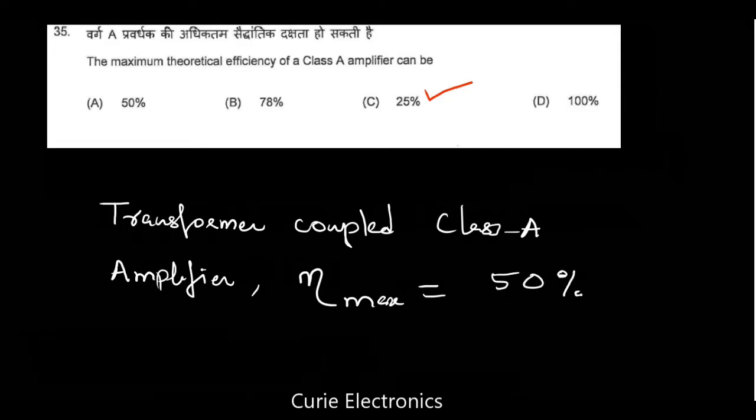If simply they ask what is the theoretical maximum efficiency of a class A amplifier, it is 25%. If it is transformer coupled, it is 50%.